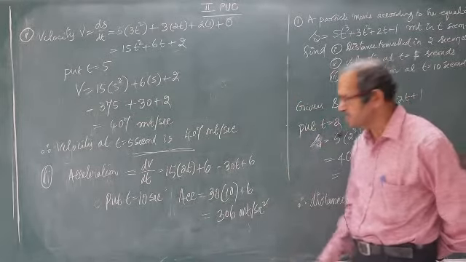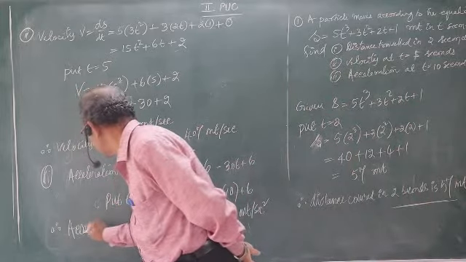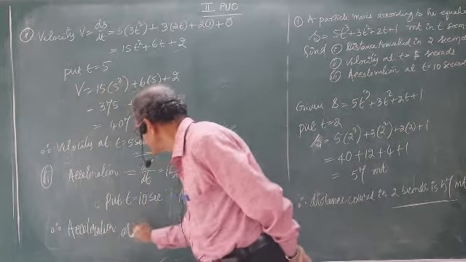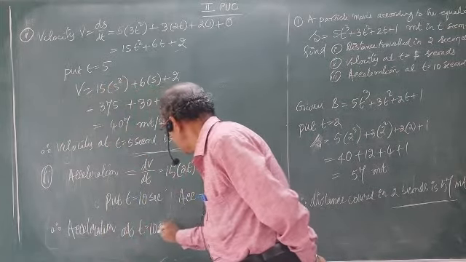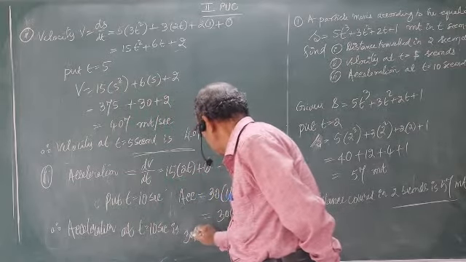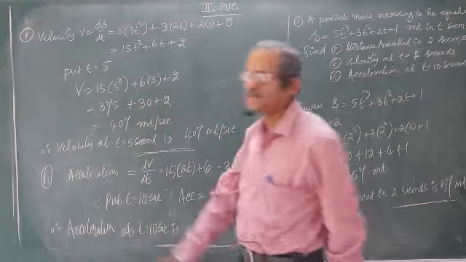Acceleration is always written like this. Answer, therefore, acceleration at t equal to 10 second is 306 meter per second square. Over.